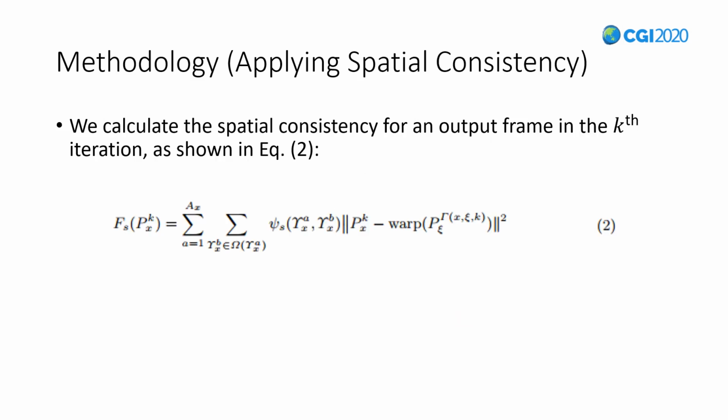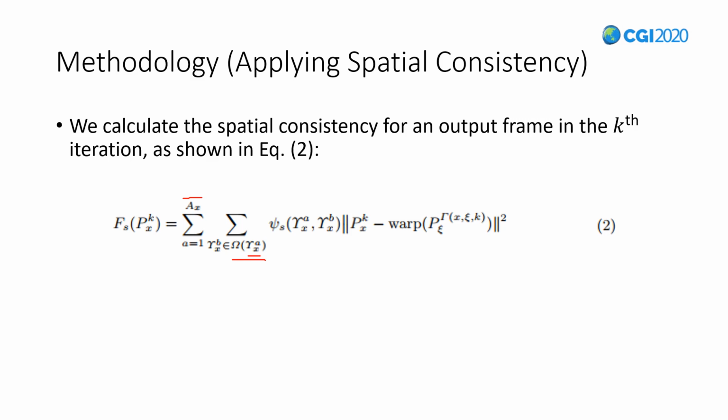Then we apply the spatial consistency. We calculate the spatial consistency for an output frame in the kth iteration as shown in equation 2. Here, A_x denotes the number of regions inside I_x or the actual frame. This term represents a region and combined with this term represents the set of all its adjacent regions.